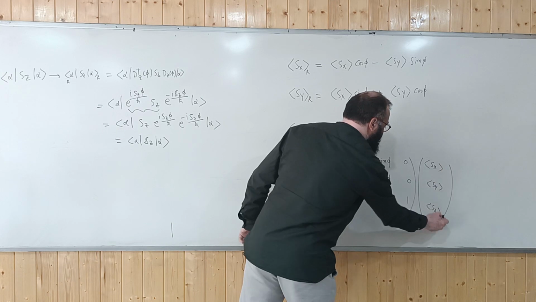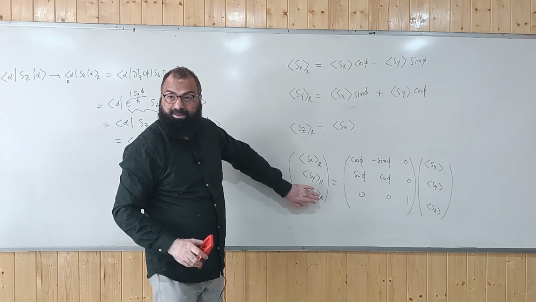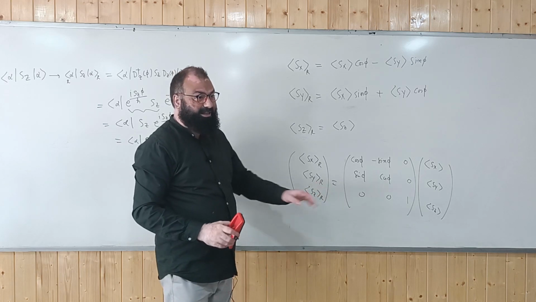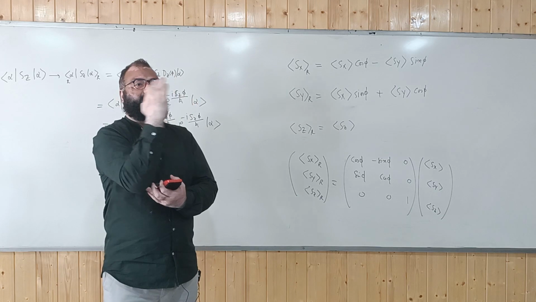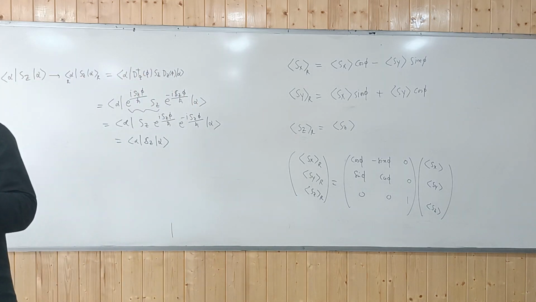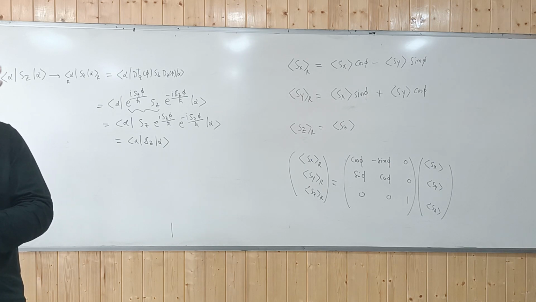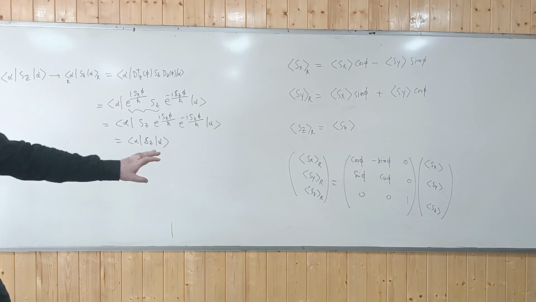Let's take these as the x, y, and z components of a vector. So this vector rotates in the xy plane like this. Got it? Under rotation, if you apply a rotation to a vector, it will simply rotate. Clear? So here the average values of these spin operators, because average values are actually classical values, you can think of as a classical vector.